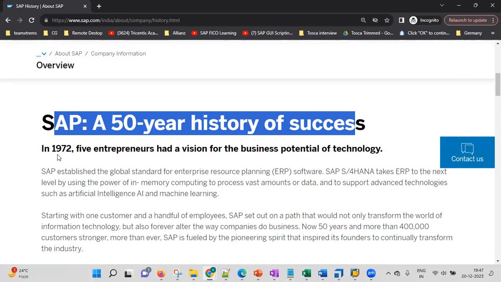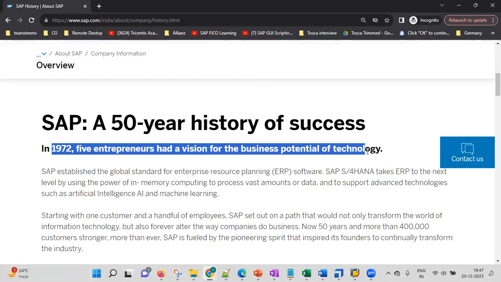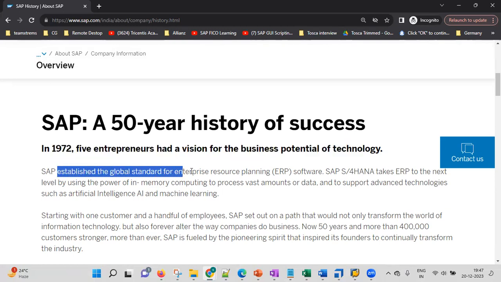In 1972, five people had a vision of business potential and technology. They planned and started this SAP software with five people, and now it has more than 1 lakh employees.